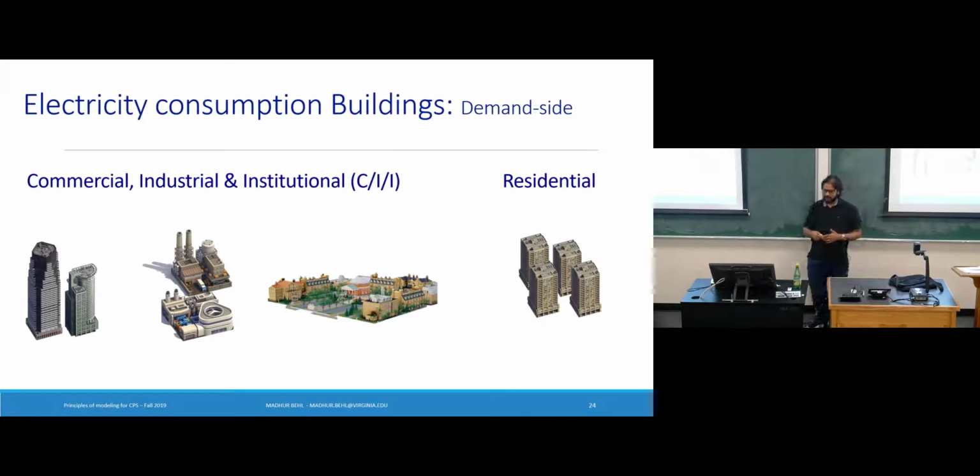CII is the focus or the target category for demand response, for instance, because they consume large amounts of electricity. If you aggregate millions of residential homes, they also compare to large buildings, but individually, industries, institutions, and commercial buildings consume a lot of electricity, and they are the ones which are subject to this volatile pricing as well.